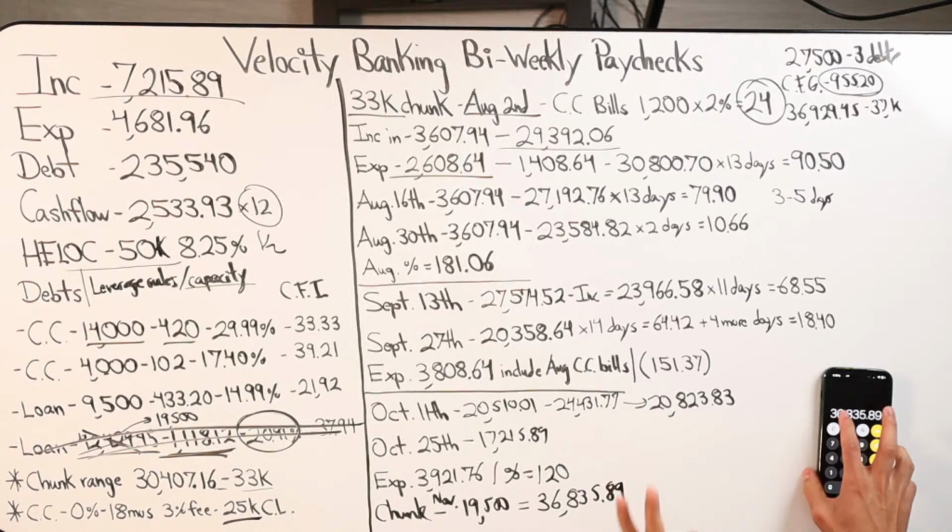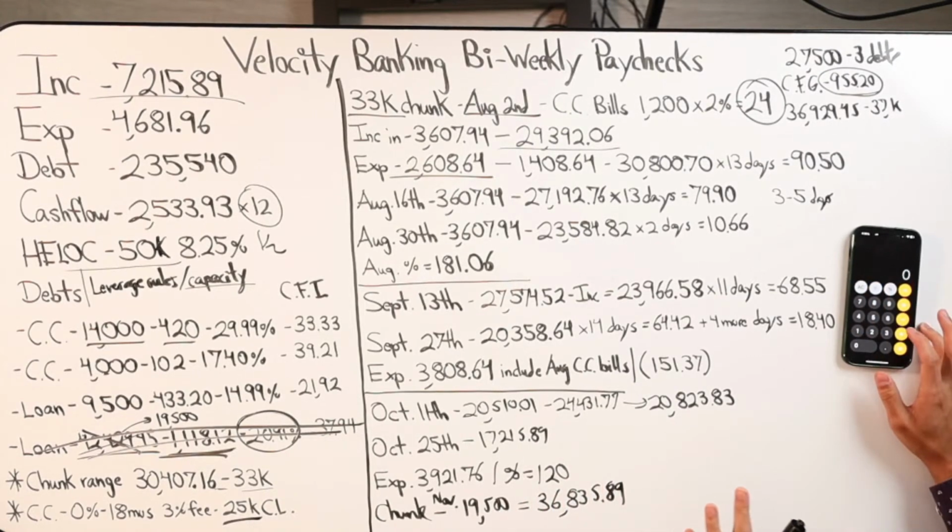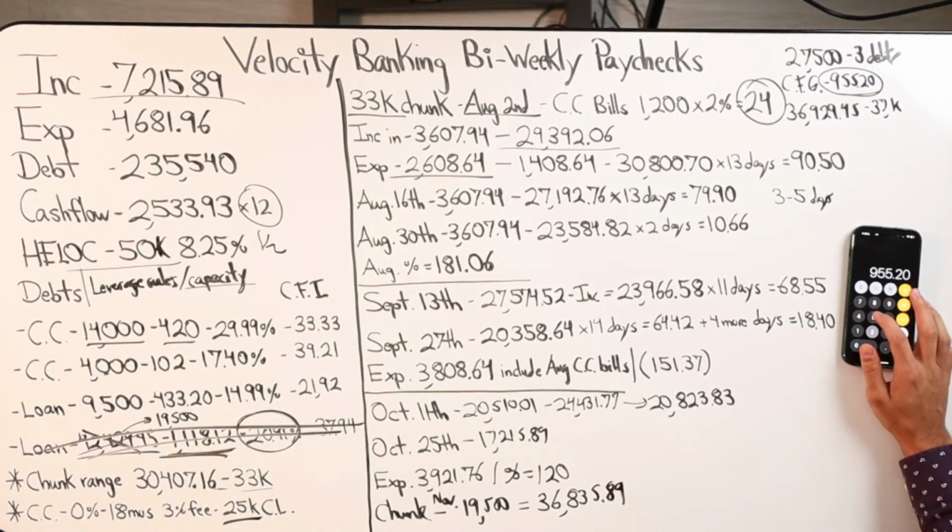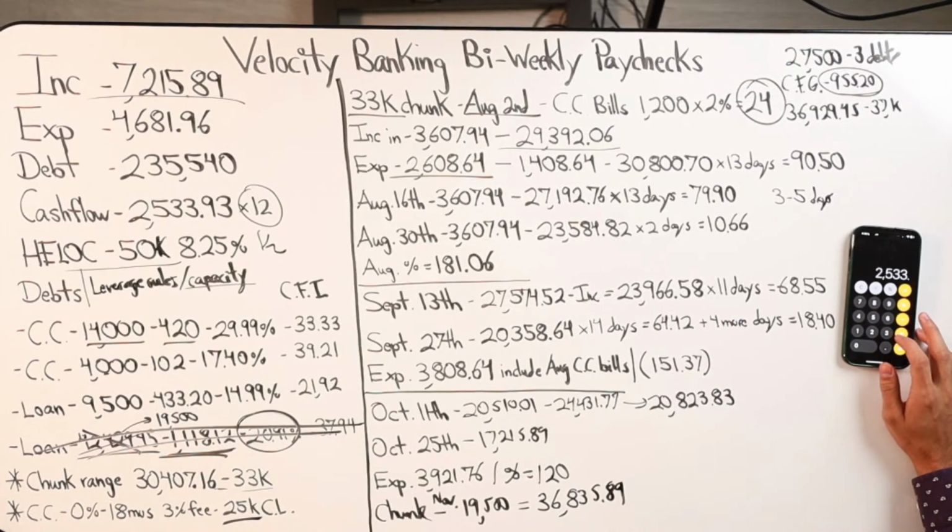And if we just healthy estimate here, take that 955.20 pre-existing cash flow, 520 plus pre-existing cash flow, 2,533.93, and add 1,108.12.